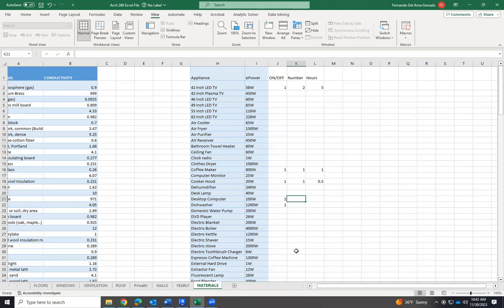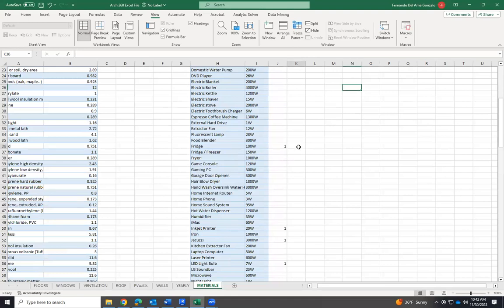Desktops, we can have, say, 4, and we use them 3 hours per day. Dishwasher, we have 1, and we use it an hour per day. And the fridge, we can have 2. Well, it's on 24 hours, but the cycle can be like 6 hours per day.